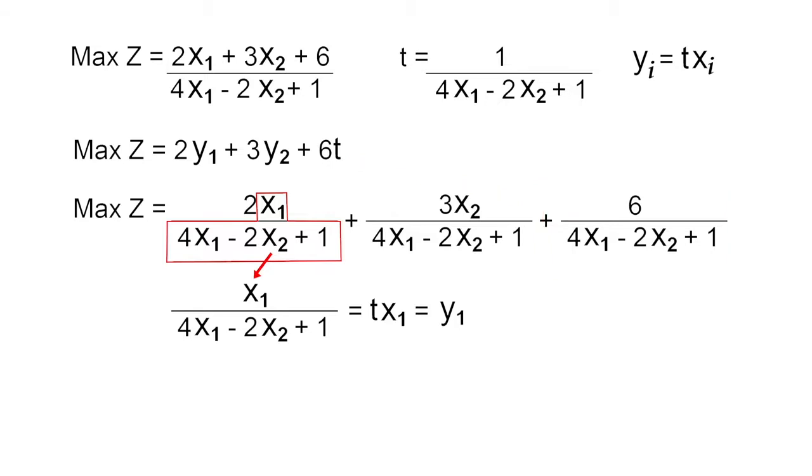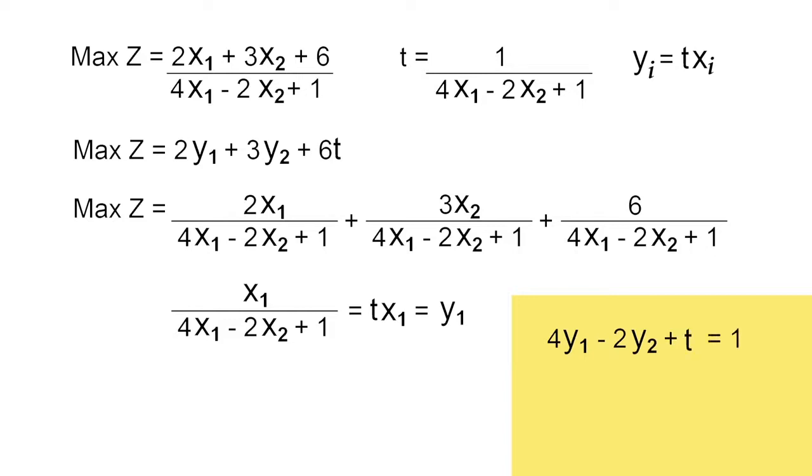From here, we add the additional constraint of 4y1 minus 2y2 plus t is equal to 1, which is simply this transformation. We also note our second transformation, the transformation of our constraint into y sub 1 plus 3y sub 2 minus 5t is less than or equal to 0.